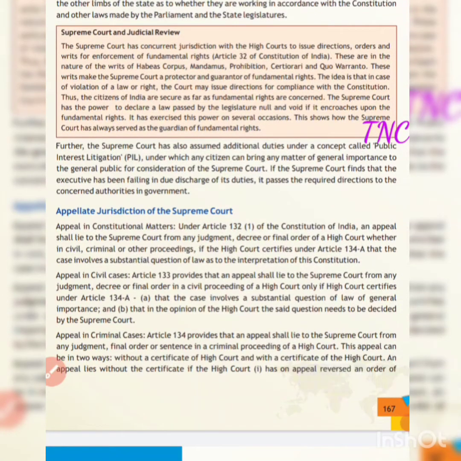So appeal in constitutional matters can go to the Supreme Court by virtue of Article 132 subclause 1, and it may only go if the High Court certifies that this particular case involves a substantial question of law that can be dealt with by the Supreme Court by analyzing and properly interpreting the provisions in the Constitution.